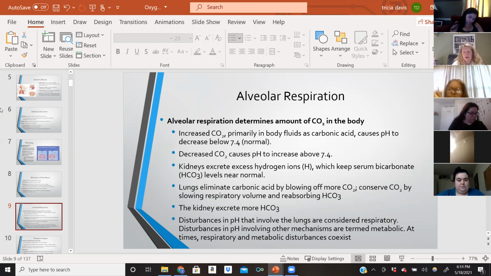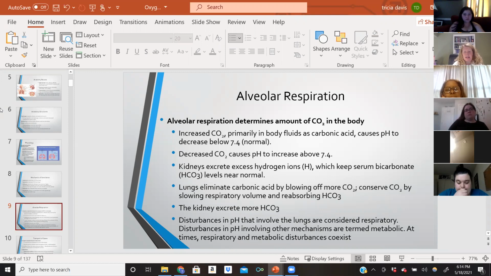Lungs eliminate the carbonic acid by blowing off more CO2 or conserving CO2 by slowing down our respiration volume and reabsorbing the bicarb. The kidneys excrete more bicarb. Disturbances in pH that involve the lungs are considered respiratory.